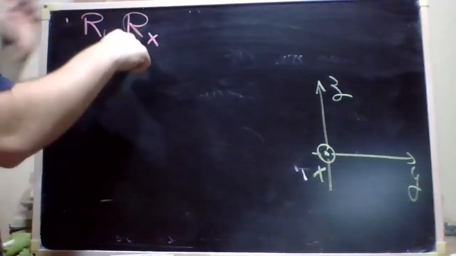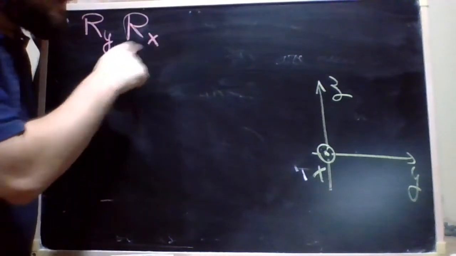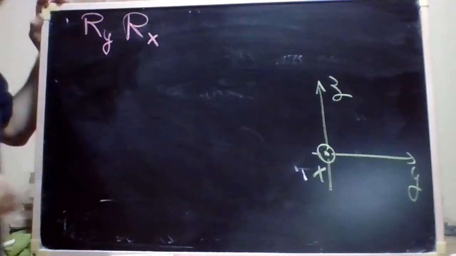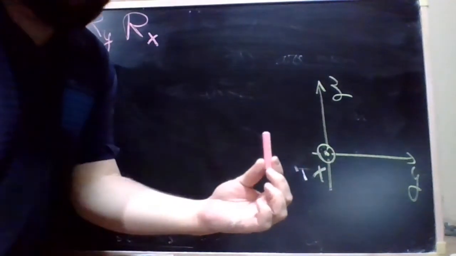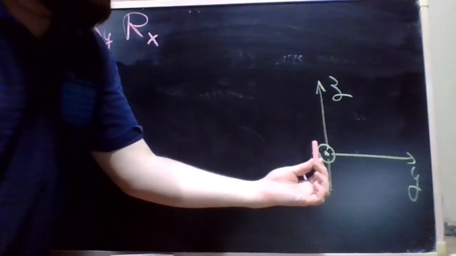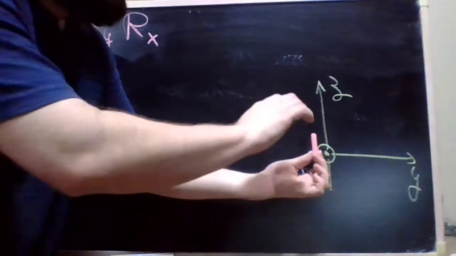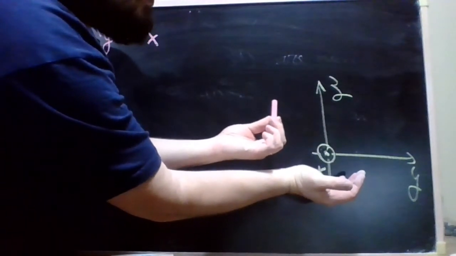So first, remember, operators which are applied first appear to the right and then the left operators. All right. So consider we are rotating this piece of chalk relative to the x-axis by 90 degrees. All right. So we'll rotate in the direction from y to z.